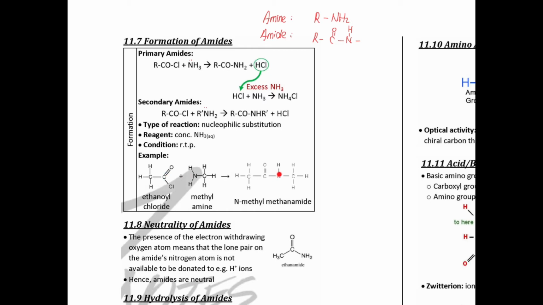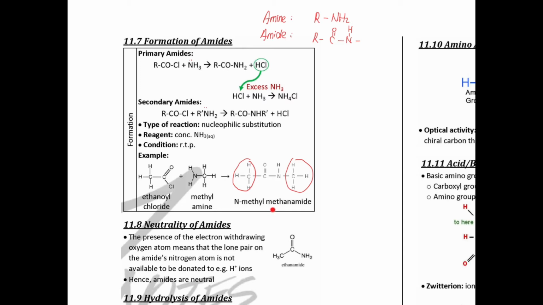As you can see here, nitrogen forms a new covalent bond with the carbon. So this is secondary amide, because there are 2 alkyl groups. The first alkyl group is here, the one that I circled. The second alkyl group is there. So let's take a look at how we name it.